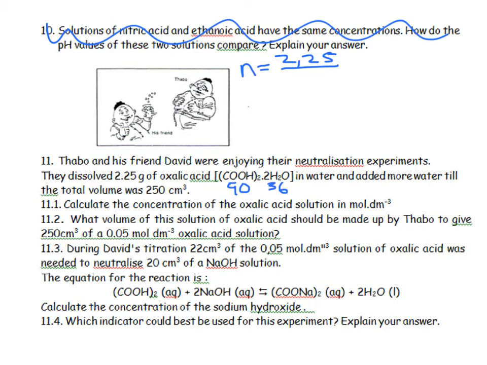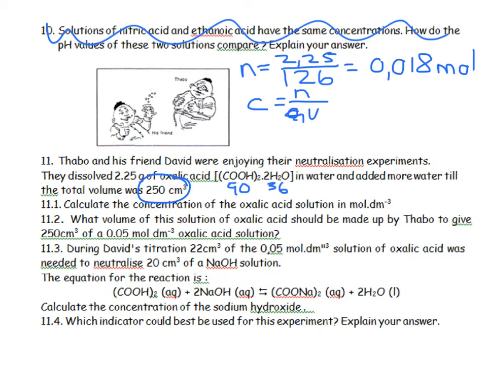And you get 126 as the molar mass of oxalic acid, and my number of moles will then turn out to be 0,018 moles.